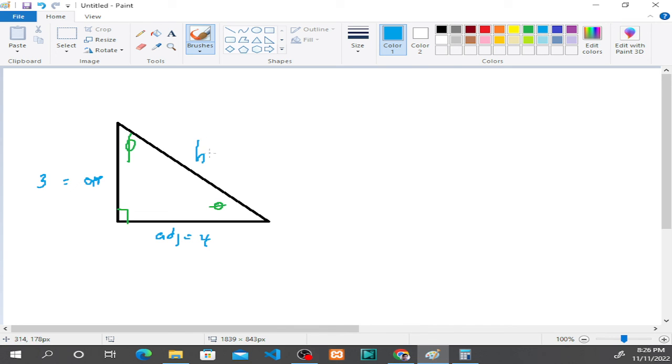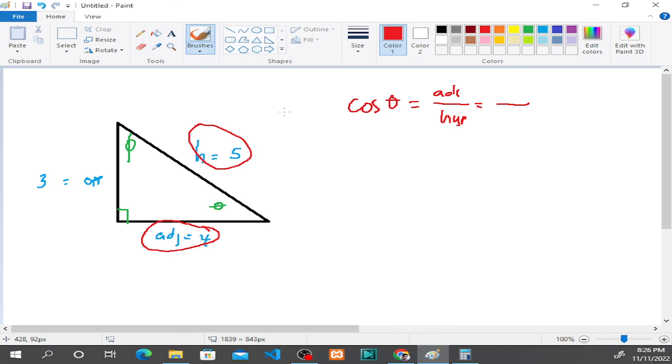So this is your hypotenuse, and it has a value of 5. Now, how about the cosine? Cosine theta is the relationship between the adjacent side over the hypotenuse. So that's equal to this side divided by the hypotenuse.